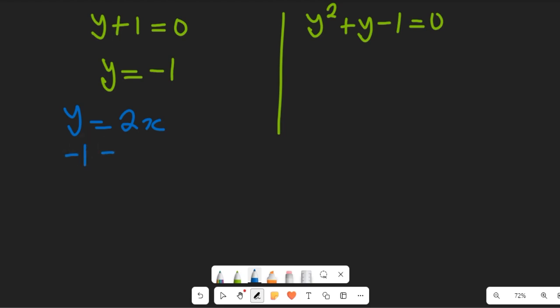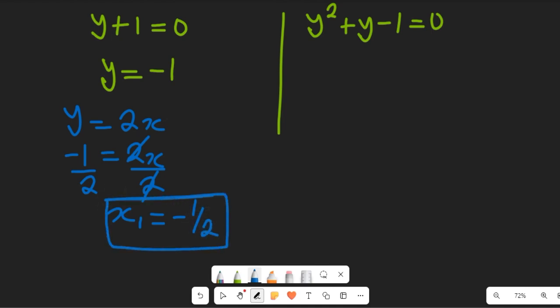Negative 1 will be equal to 2x, and hence we divide both sides by 2, then the 2 will clear the 2, and the value of our x, which is x1, will be equal to negative 1 divided by 2, and that is the first solution to the value of x.